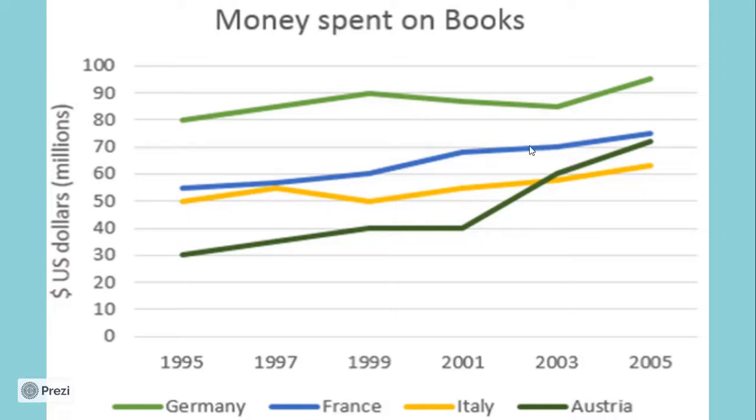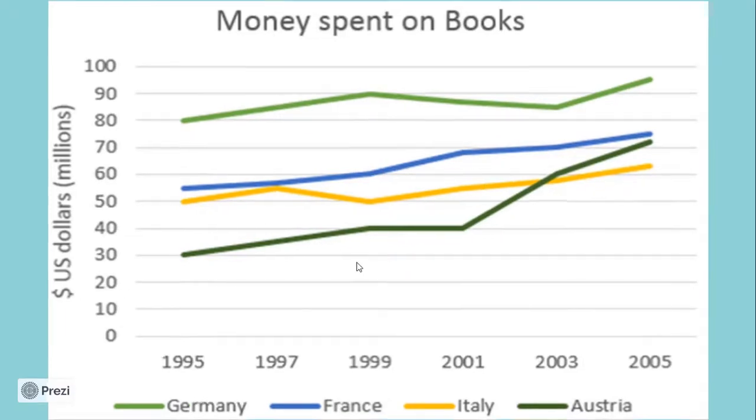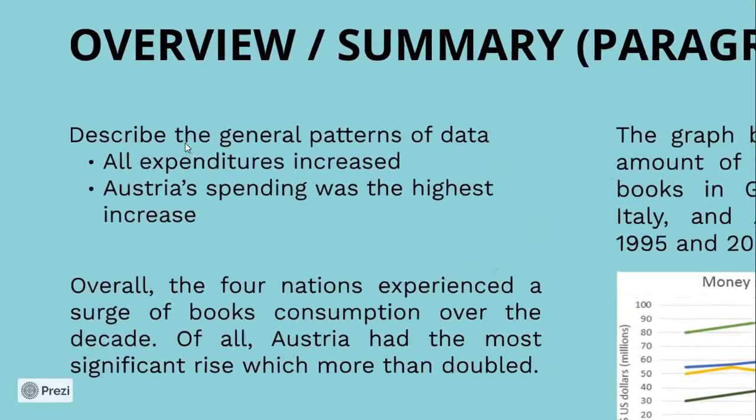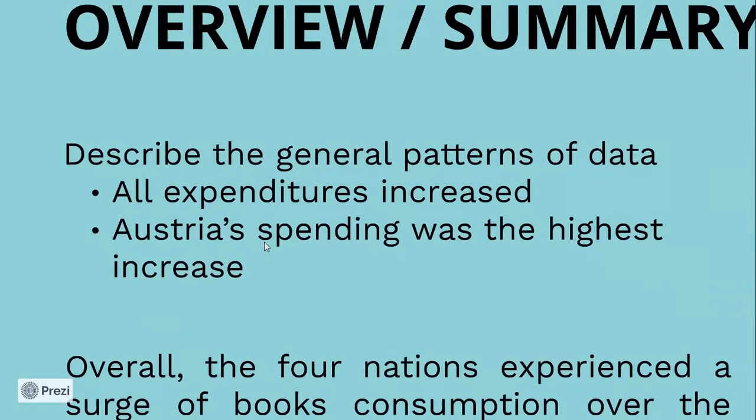So if we compare the line graph of Austria with the other lines, this is the most significant one. Okay, so we can write that down. So in summary, we can write that all expenditures increased, and then Austria's spending was the highest increase.